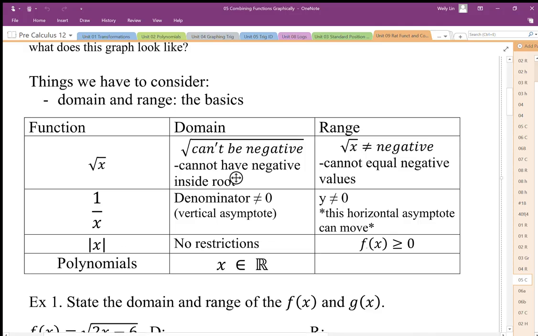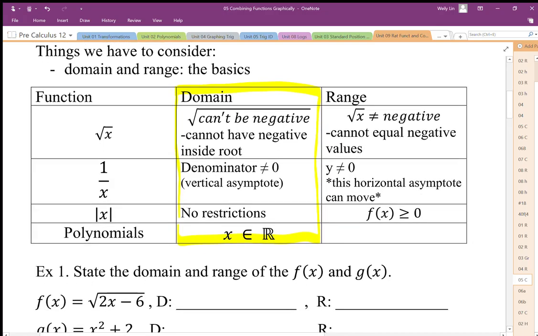For absolute value, we know that the y values must be greater than or equal to 0, must be above the x-axis. So those are some basic principles that we can look at. We are primarily going to focus on domain though. The range tends to be a little bit too complicated to do much analysis with, but we will do some analysis on the range.